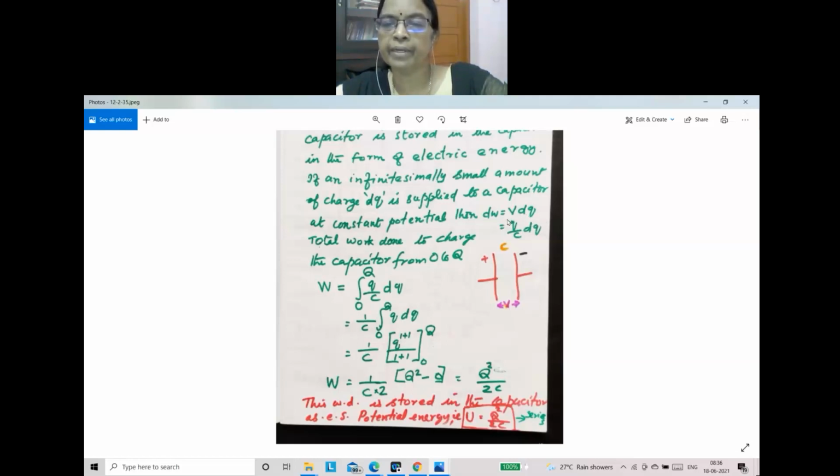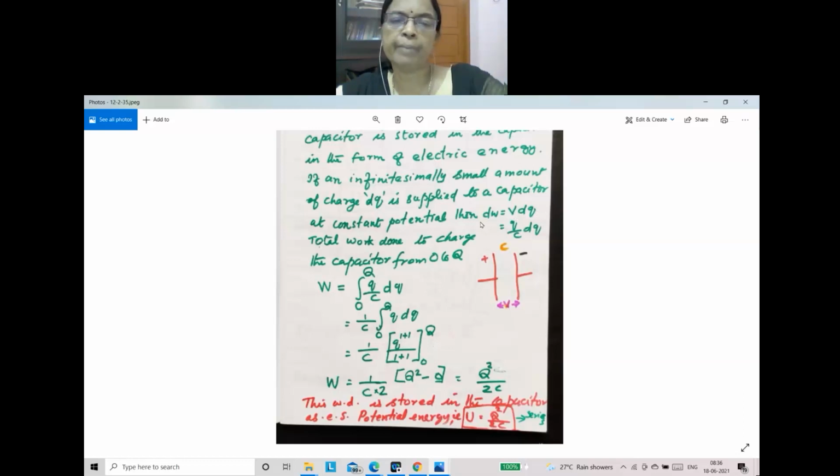Then to get the total work done, we have to integrate the expression. How much charge are we giving to the capacitor with the help of the battery? Initially it did not have any charge. With the help of this battery we are charging the capacitor, so we put the limits from 0 to capital Q. This is the small work done to give a charge dq.